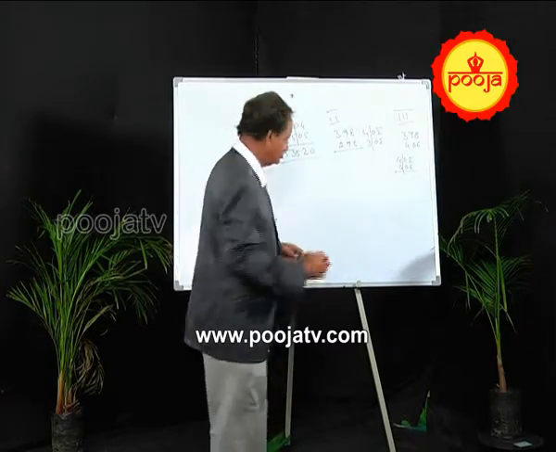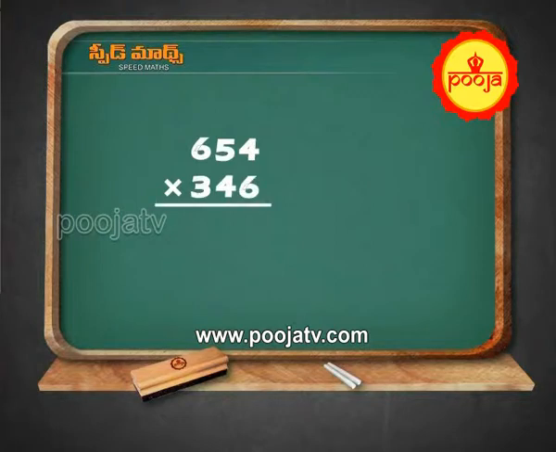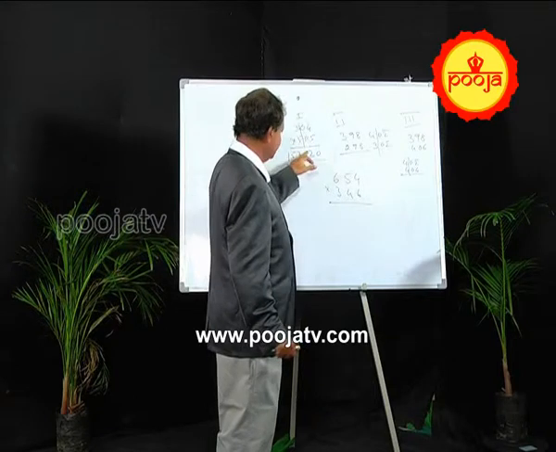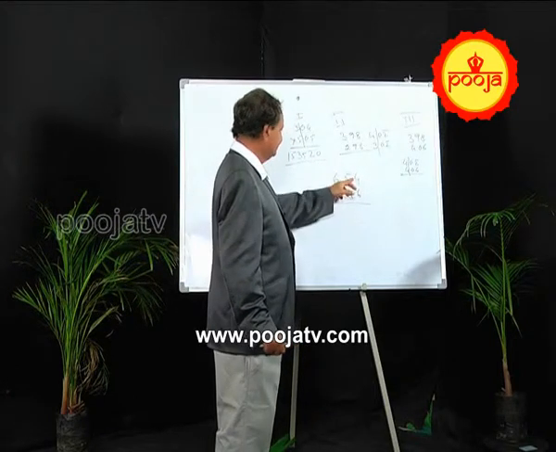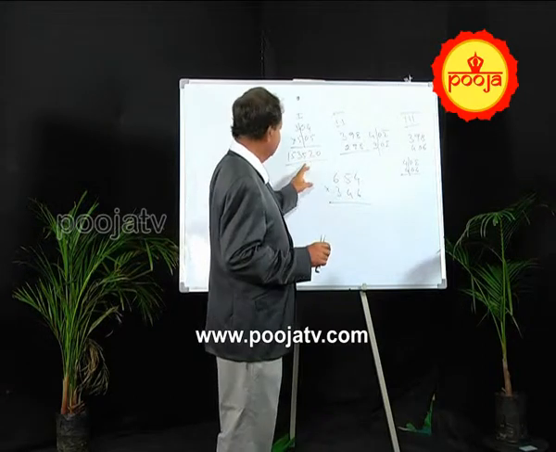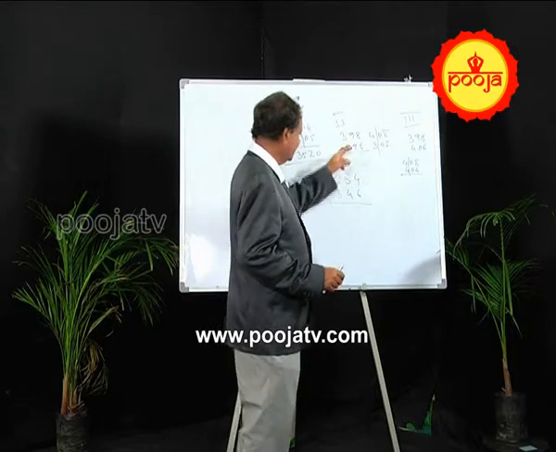Now, see, suppose 654 into 346. If such a type of multiplication is given, now try the first method. You give slash here. 54 into 46 you cannot multiply. So, this method will not be suitable. Go for the second method, conversion.